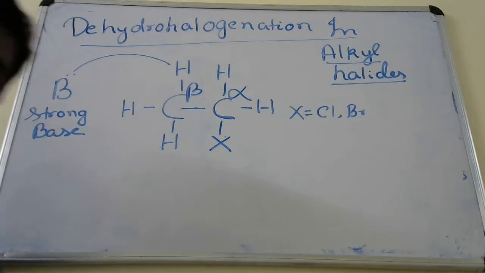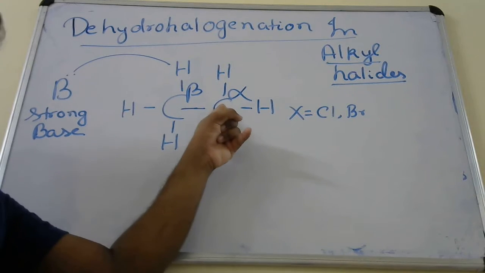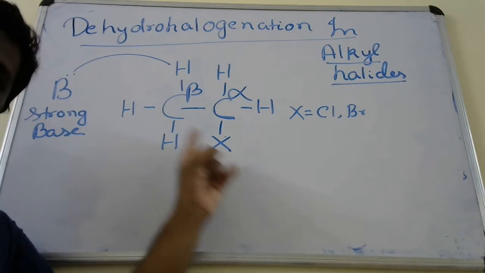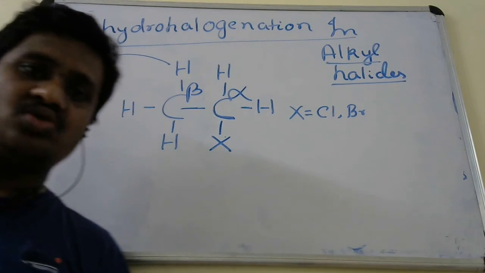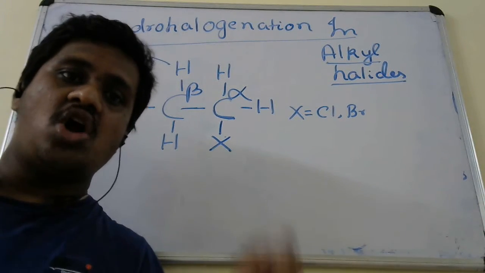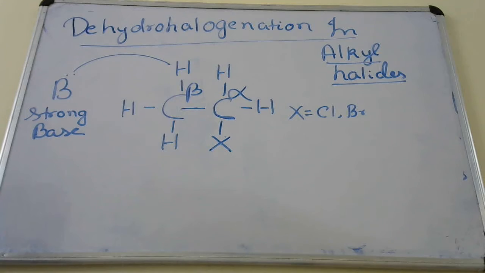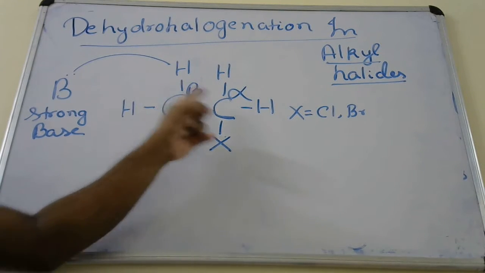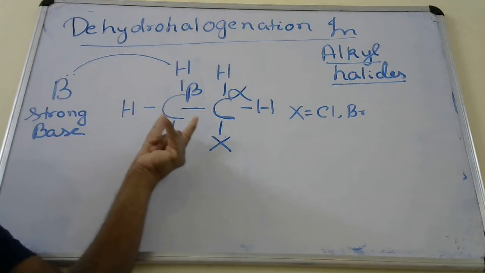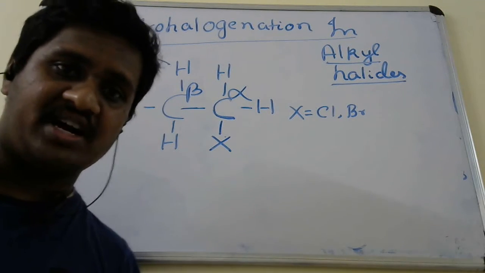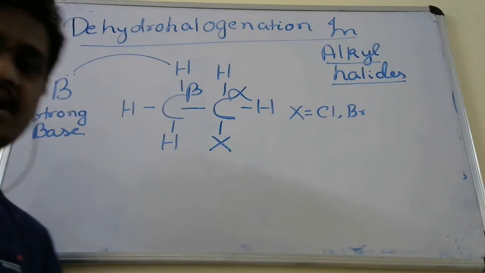Again I am repeating, the carbon atom directly linked to the halogen atom is called alpha carbon, and the carbon just next to the alpha carbon, directly bonded to it, is called beta carbon.